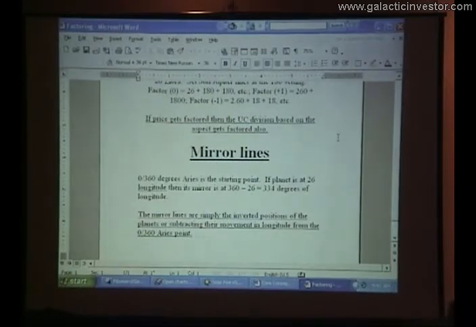If a planet's at 334 degrees longitude, what degree and what sign? It's 4 degrees Pisces. So if a planet's at 26 degrees Aries, its mirror is at 4 degrees Pisces.